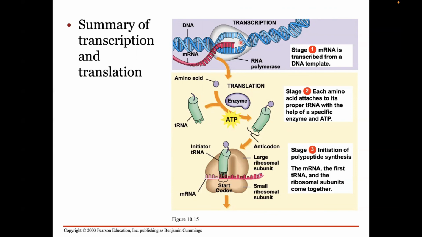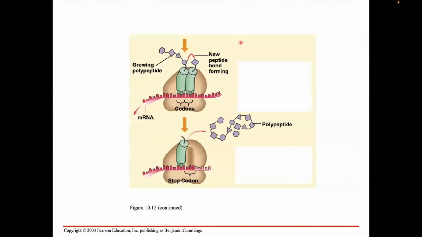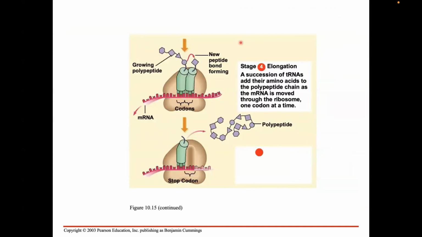And then the initiation is stage number 3 of polypeptide synthesis, the mRNA, the first tRNA, and the ribosomal subunits come together. Stage number 4 is the elongation, a succession of tRNAs add their amino acid to the polypeptide chain as the mRNA is moved through the ribosome, one codon at a time.